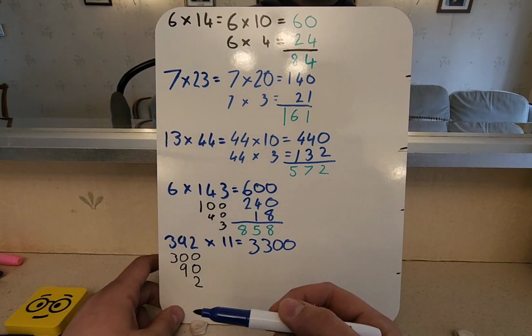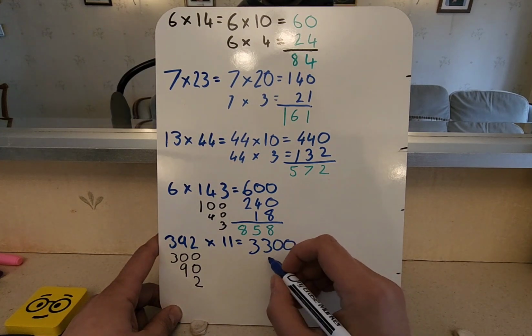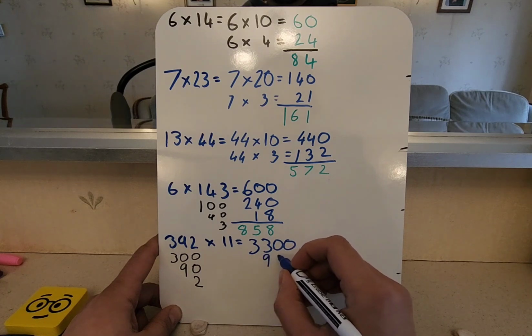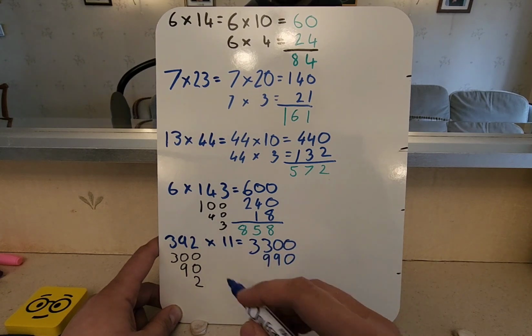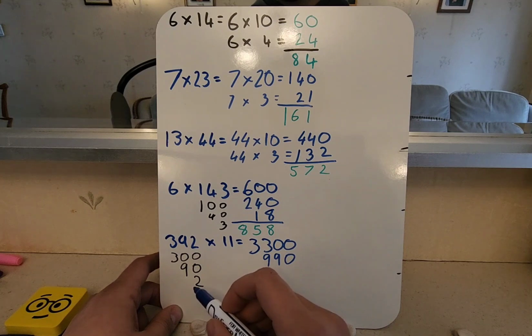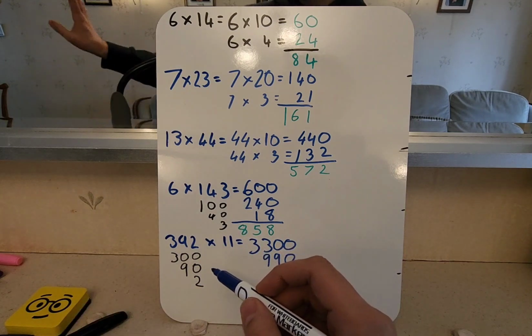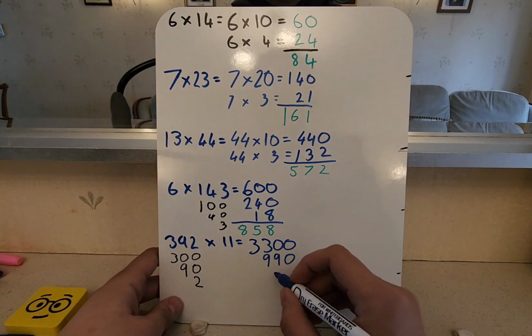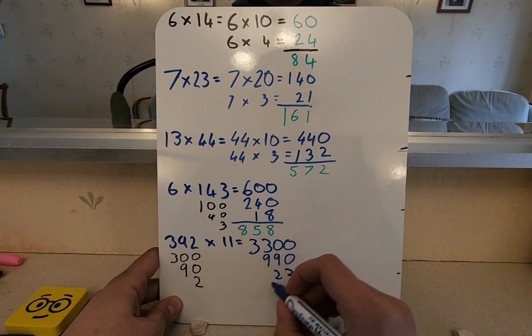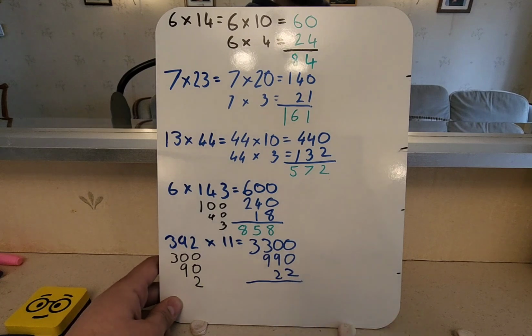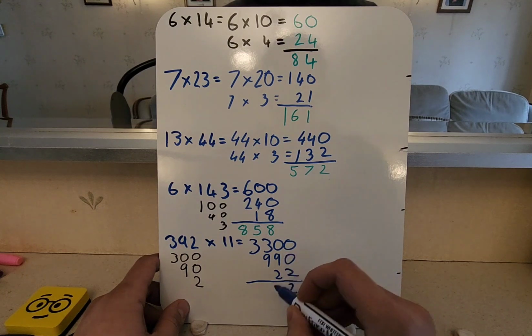9 times 10 is going to be 900, and let's add 90 on top of that. 990. We should know what 2 times 11 is, but 2 times 10 is 20. Add the 2, brings us to 22. Now we just add up as we have been with column addition. And that gives us 2.